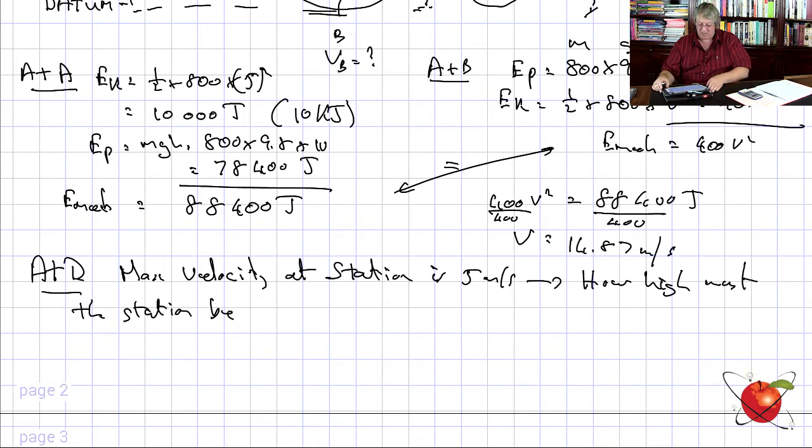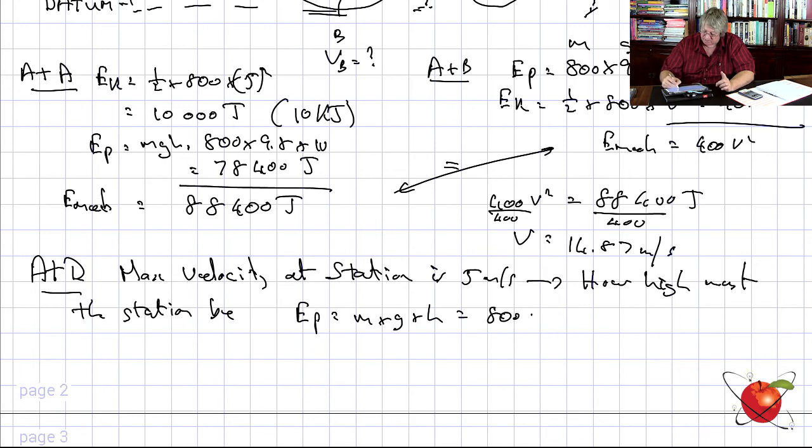So all we do is we say, okay, at D, let's calculate EP at D. Can you see the pattern? That's all we're going to do. EP at D is M times G times H, which is 800 times 9.8 times H, because H we don't know. It's going to be 800 times 9.8 equals 7840H.